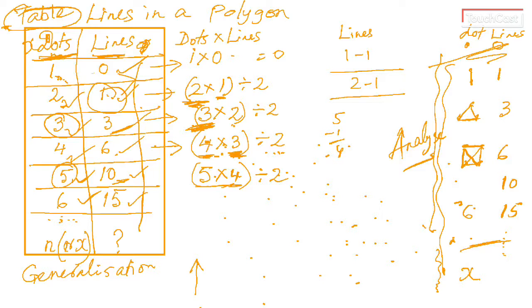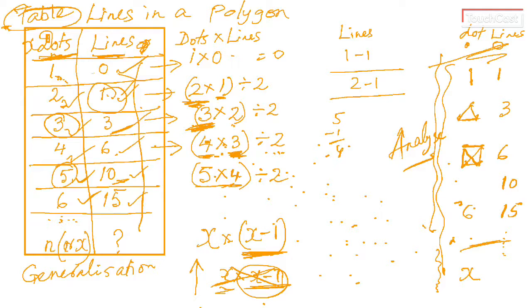This is x, so x timesing it by x minus 1. This is how you write it. That's the group. You can't simply write x times x minus 1. This is not right. You got to multiply this whole thing by x.